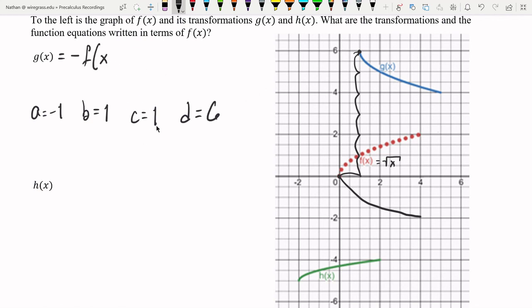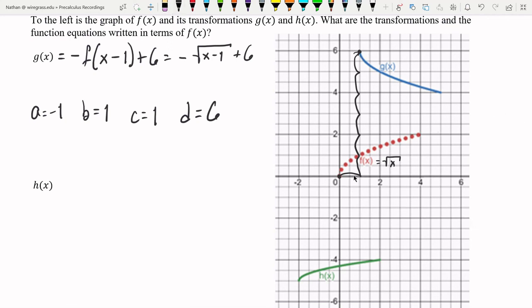It was Bx minus c, right? And then plus d. So plus 6. As I said, f of x equals the square root of x. That means that if you want to test this out for yourself, this is what the transformation should look like. It should be that one here to get this graph right here.